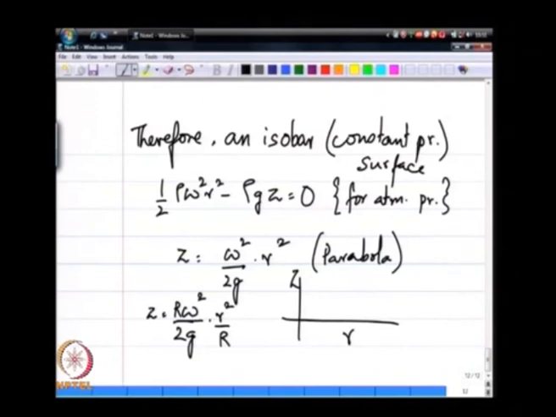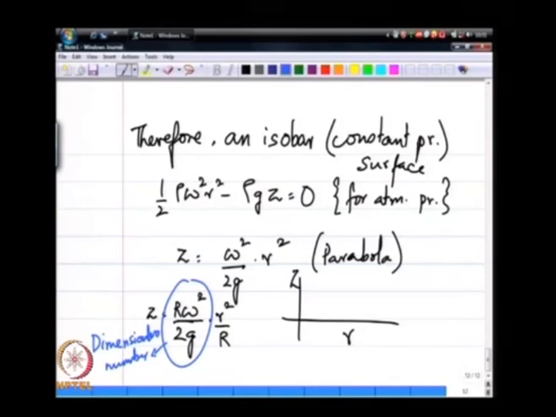This now happens to be a dimensionless number which describes the competition between the rotational velocity omega and gravity g.